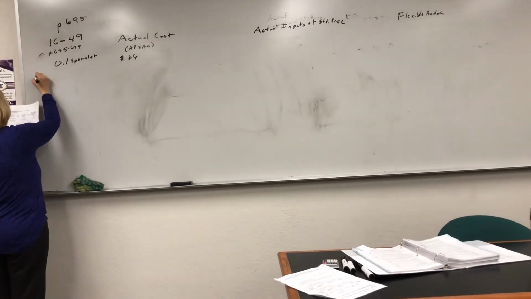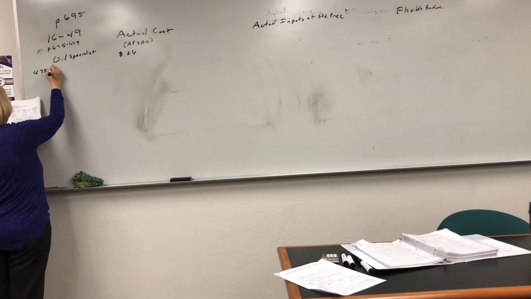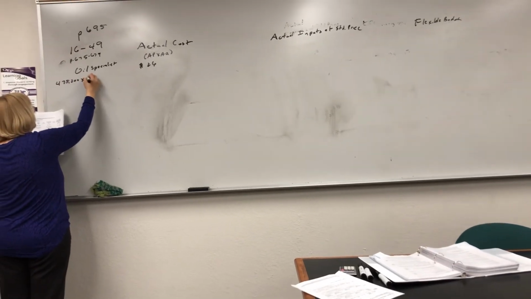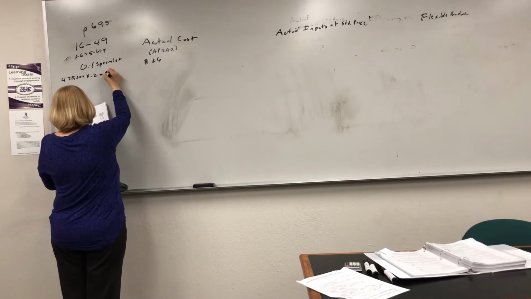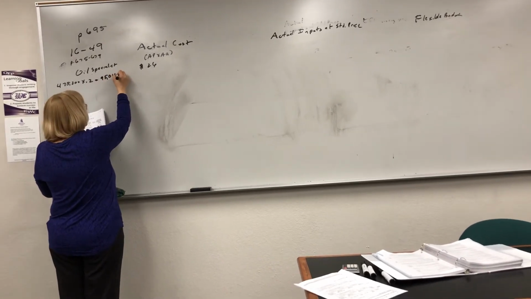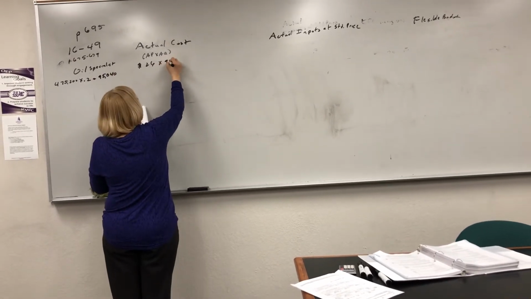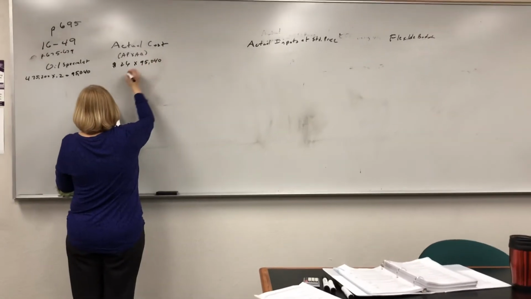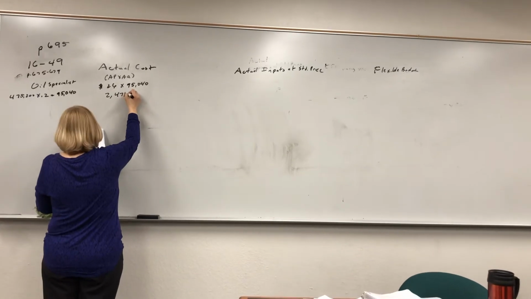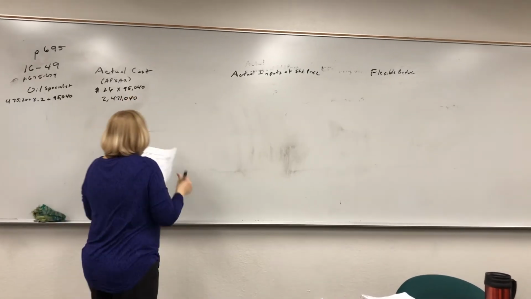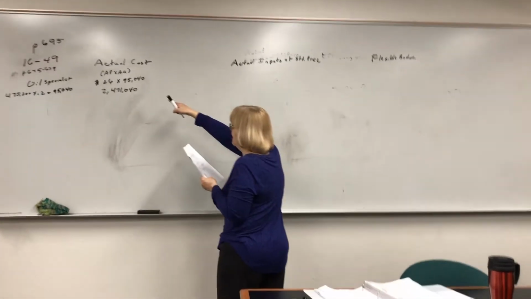So if you take the 475, convert it to 0.20 instead of 12 minutes, you get the 95,040 hours. So that equals actual cost of $2,471,040.